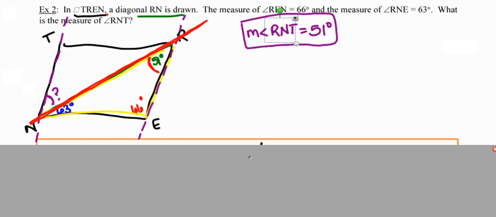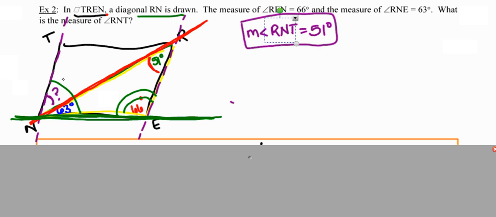I've also seen kids use the fact that consecutive or adjacent angles together have to add up to 180. So again, this time if I'm using the same two parallel lines but this green transversal, they'll say, well, this green angle plus the green angle I just did with two arcs have to be supplementary, so I can do 180 minus the 66, and that has to be angle ENT, and then subtract the 63 that already lives at that angle from that difference, and you end up with 51.